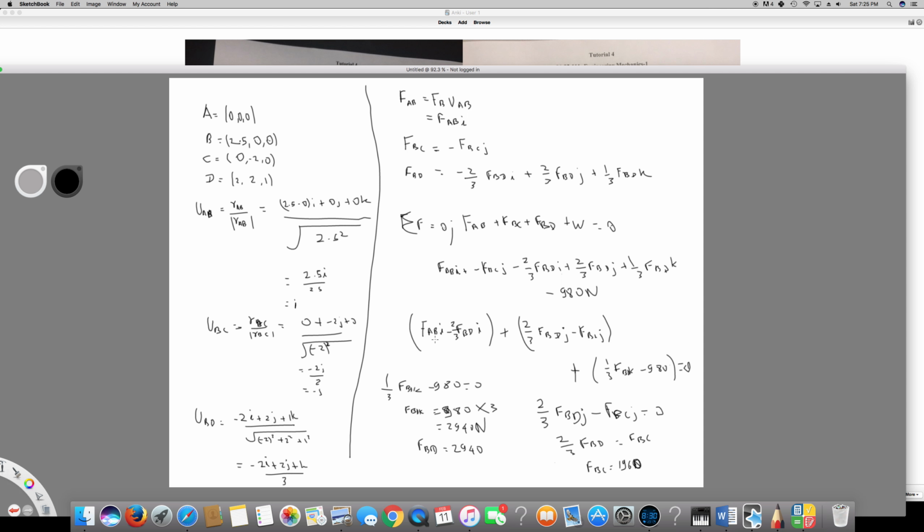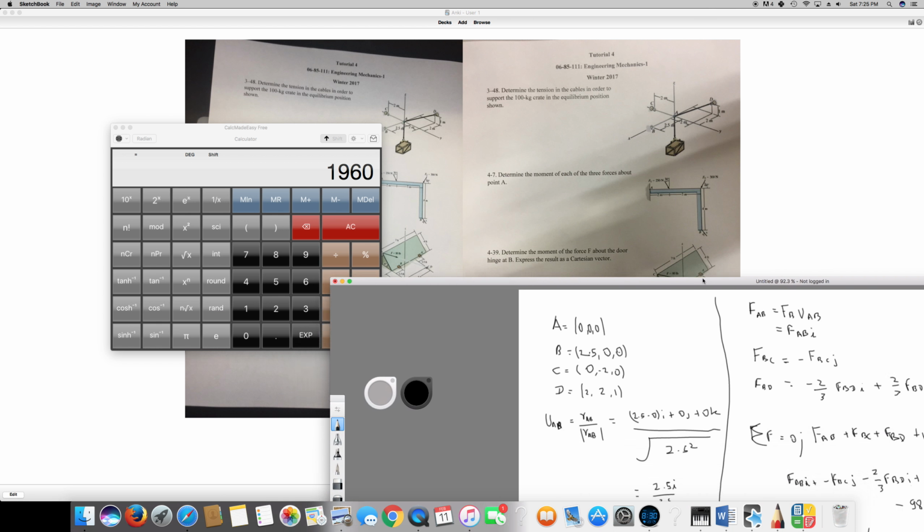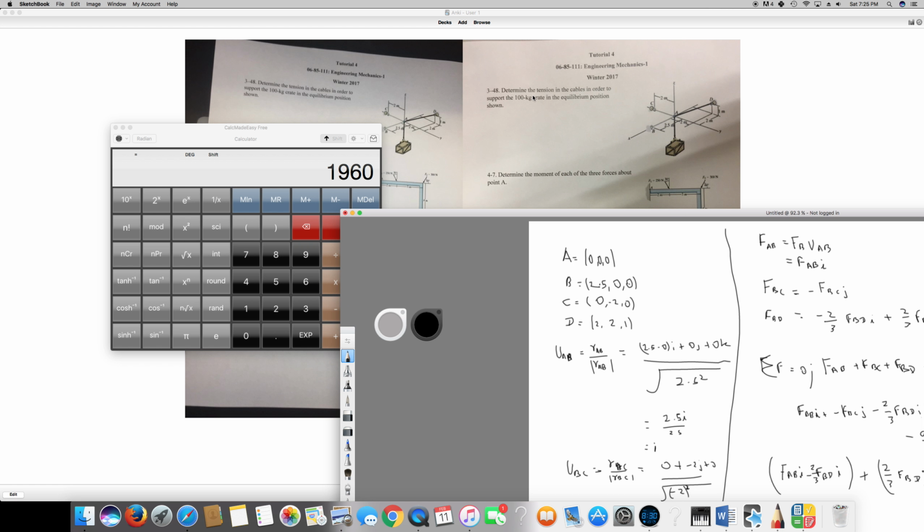So FAB is also the same thing, then I can just put the same number. So FAB and FBC are the same number, 1960, and FBD is 2940. I think that's the question. The question is asking what? Determine the tension in the cables in order to support the 100 kg gate in the equilibrium position shown. So we have done the question.